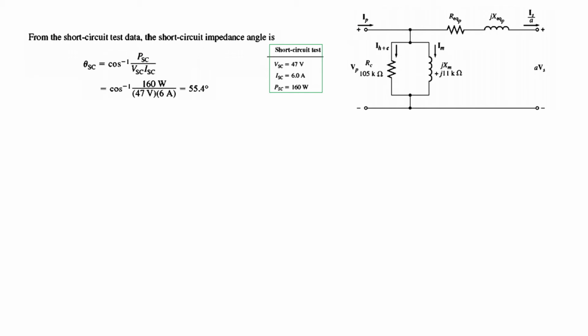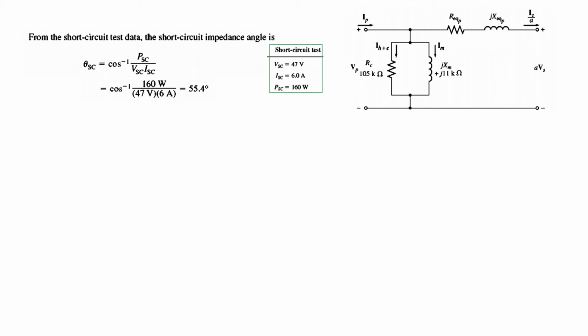Okay, now for series elements we have to use the short circuit data as given here. First of all we calculate the angle, which is cos inverse of the power divided by voltage and current, and we plug in the values from here.